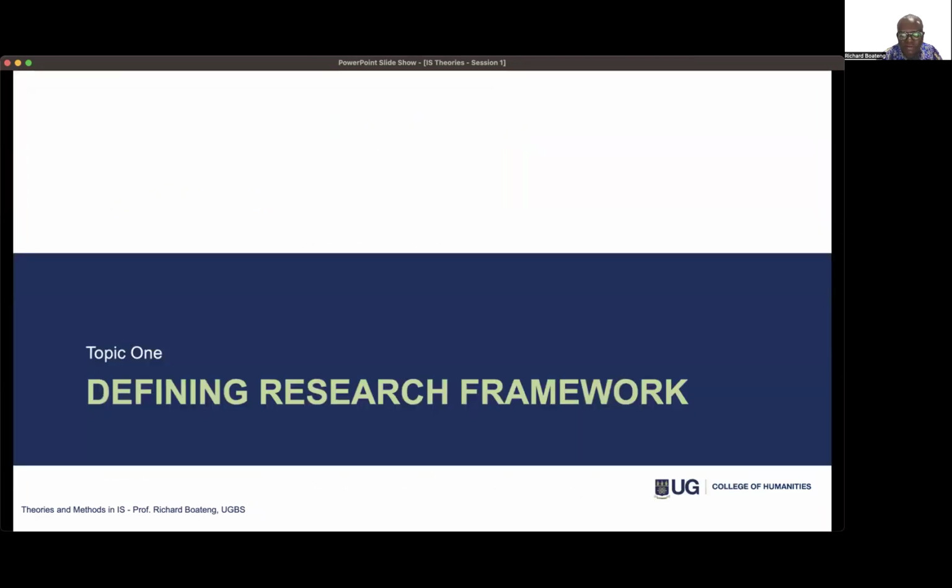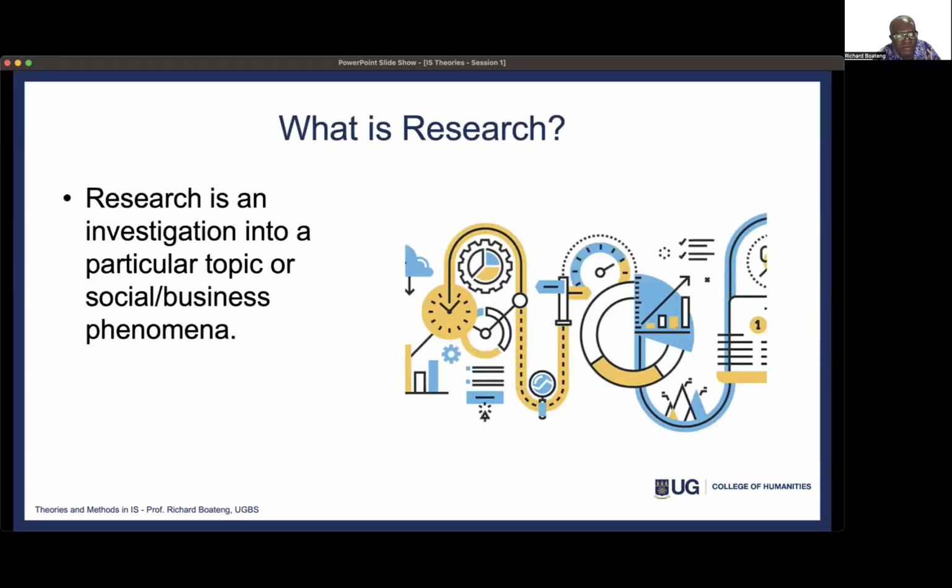So defining research framework. Good. Some of you may be asking, why is he taking us back to what research is? Let's take it for example that you may have understood what research is, but do you understand how research is defined in a contemporary nature to be able to embrace the different perspectives that tend to be an opportunity for organizations to take advantage of, or tend to be a challenge for institutions to address?